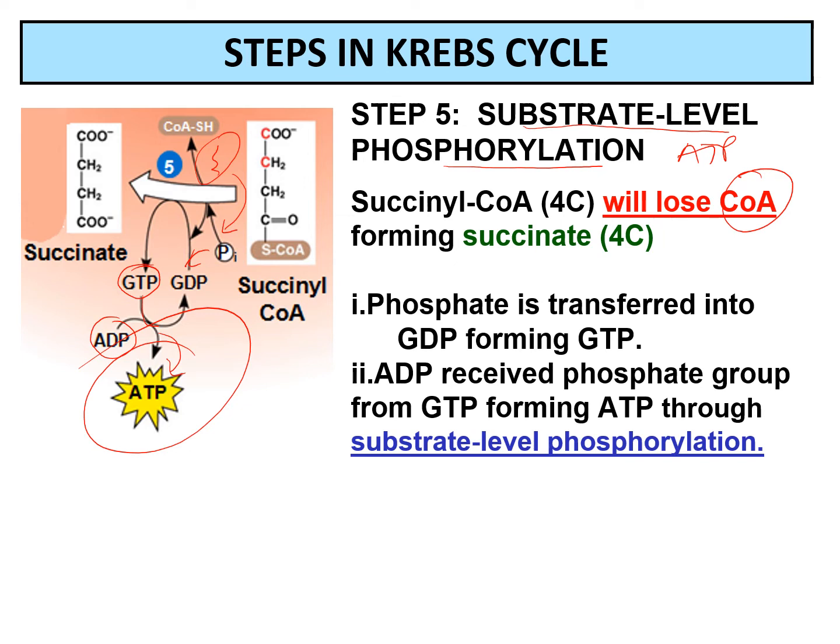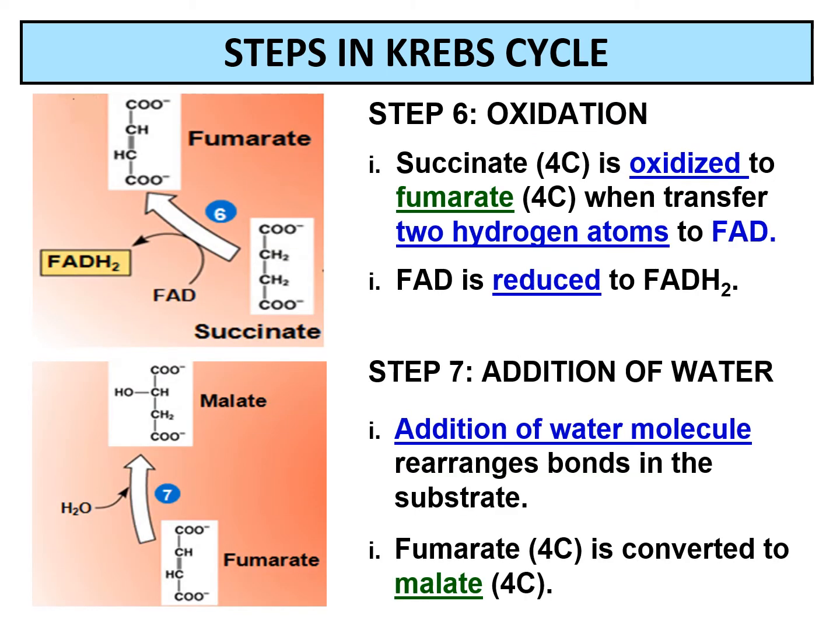In step 5, Succinyl-CoA is converted to succinate. ATP is formed. So next, in step 6, an oxidation process is involved. Succinate is oxidized to fumarate. So let's look at the number of carbon. Succinyl-CoA is already 4 carbon. Succinate is 4 carbon.